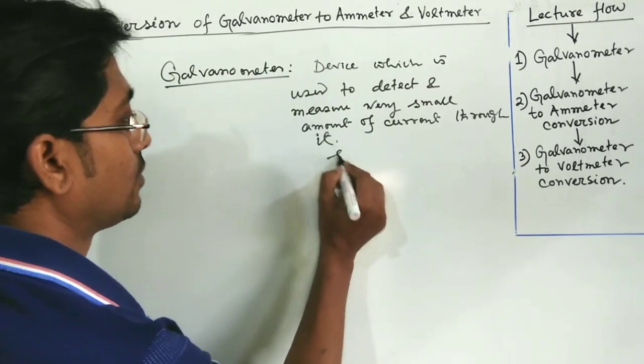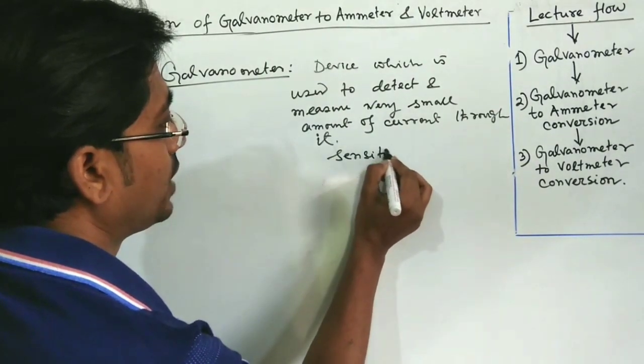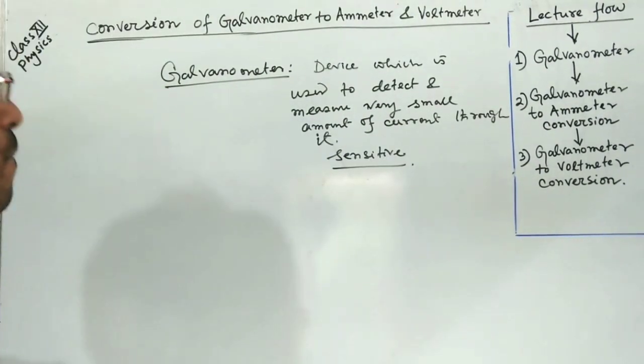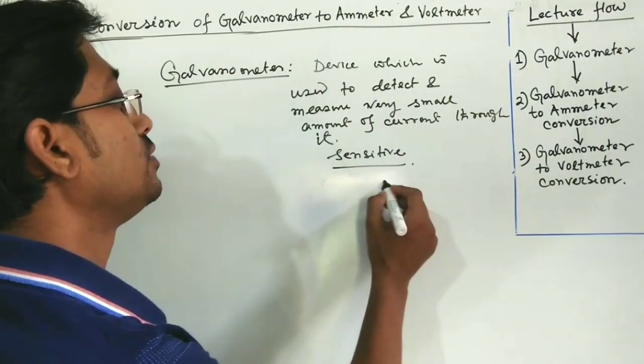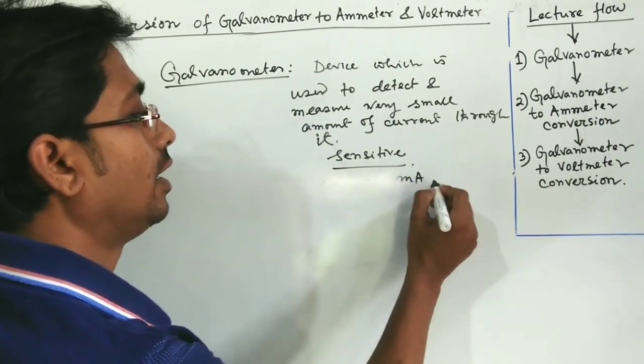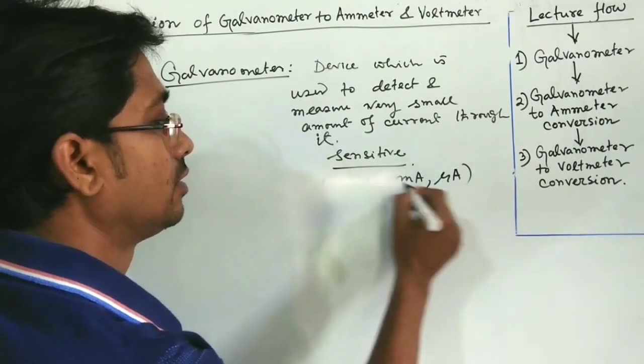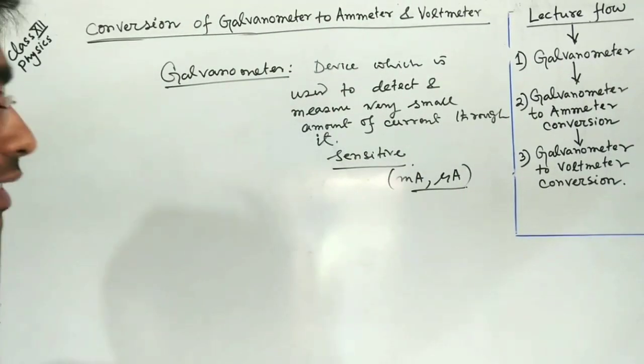So it is very sensitive device. Generally, in the galvanometer, the current is measured in milliampere and microampere range. Very small amount of current.